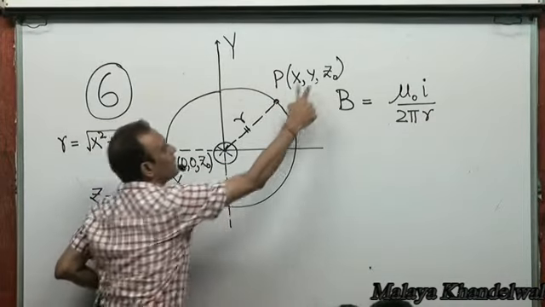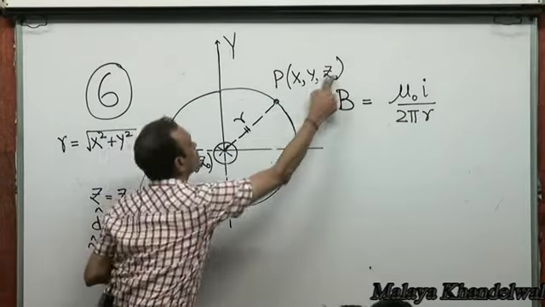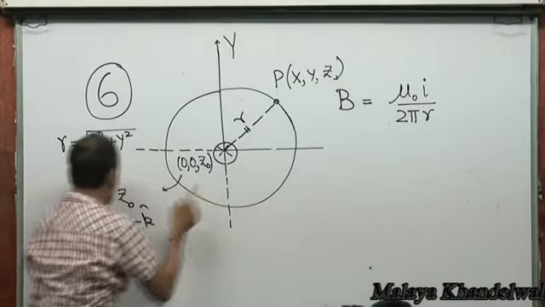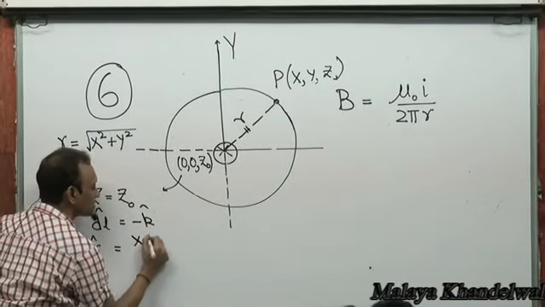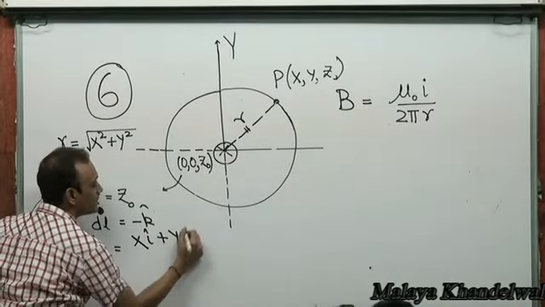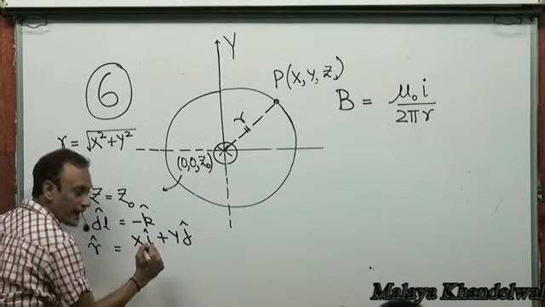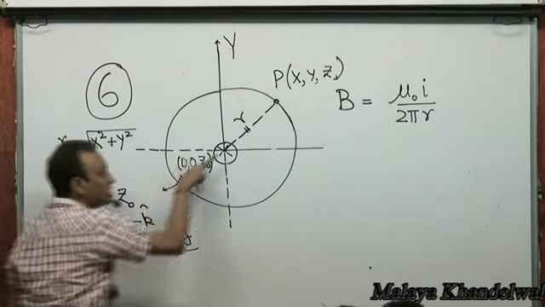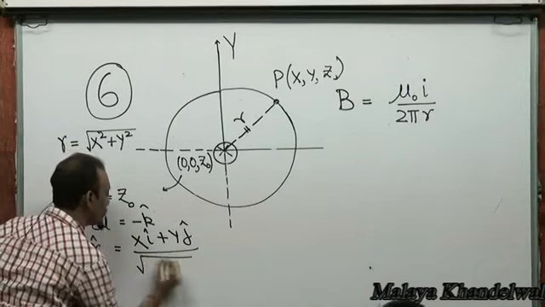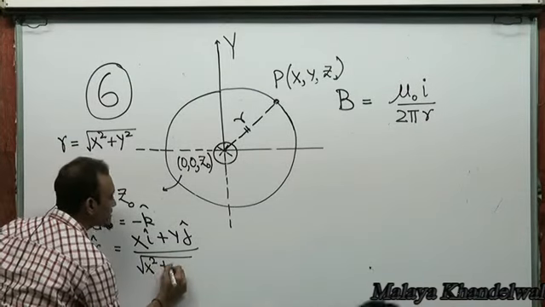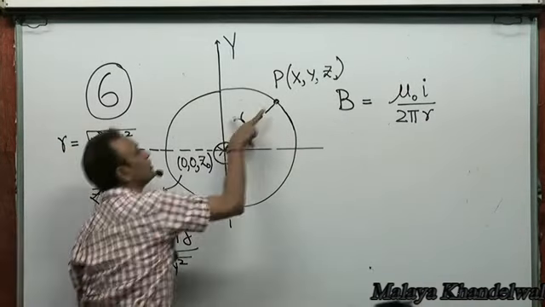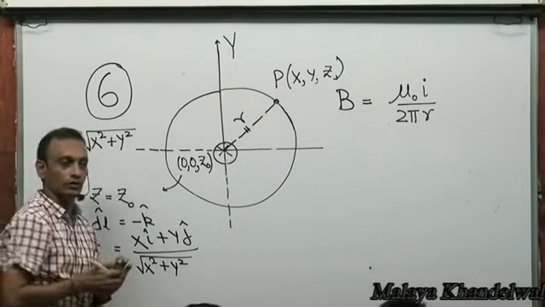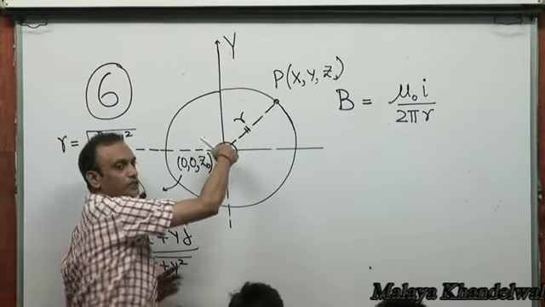R cap would be, what is this vector? x minus 0 i cap plus y minus 0 j cap plus z naught minus z naught k cap. So this vector is going to be x i cap plus y j cap plus 0 k cap, and a unit vector in this direction is going to be this divided by root x square plus y square. That's going to be a unit vector along r. dl is like this in the direction of the current.